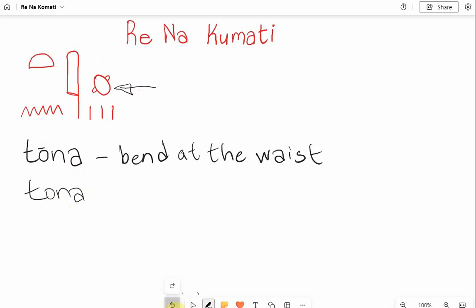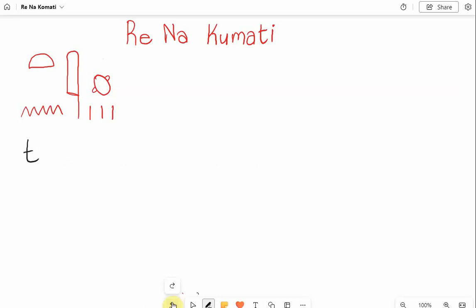So that's that. Now we'll have the same set of glyphs, except we'll have something different, something additional. And we'll have an old man again.